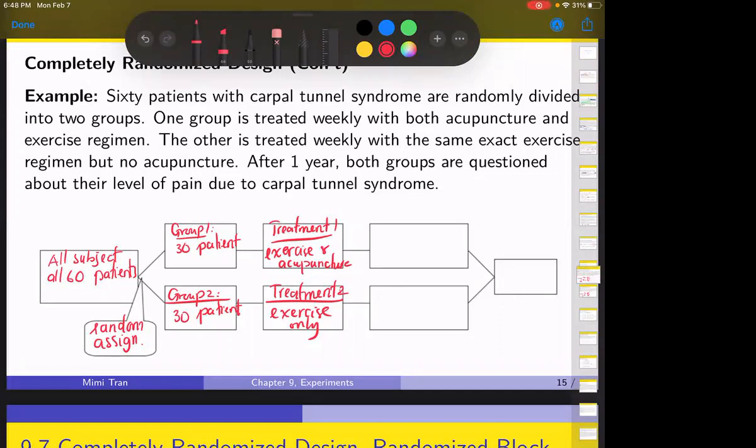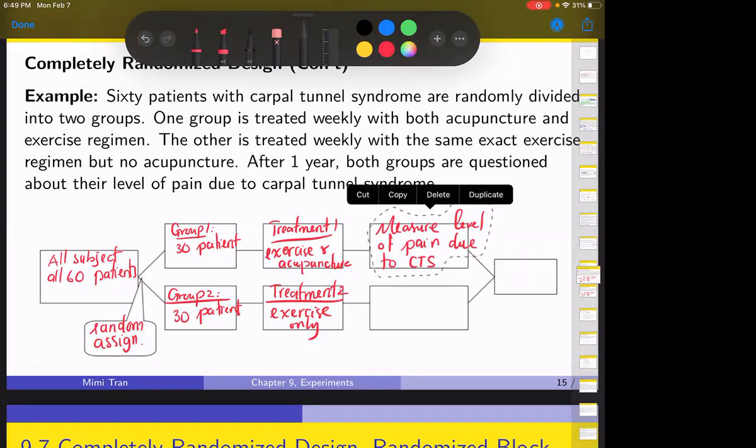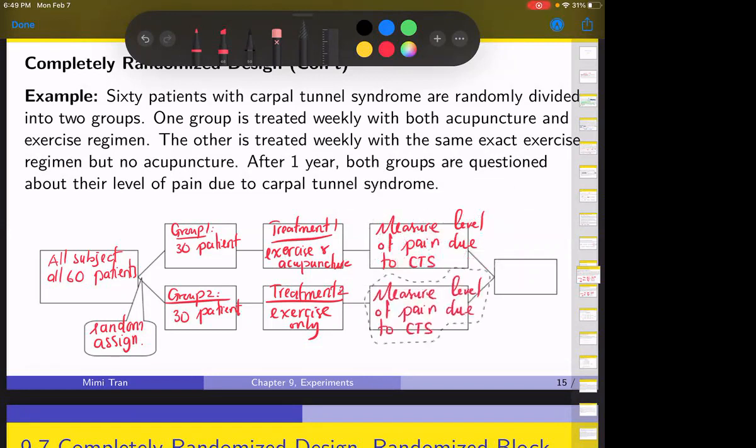Yeah, level of pain. Measure level of pain due to carpal tunnel syndrome. And then same thing down here. I'm going to copy because I'm lazy. Duplicate that down here. And then compare response, right? Compare the results.